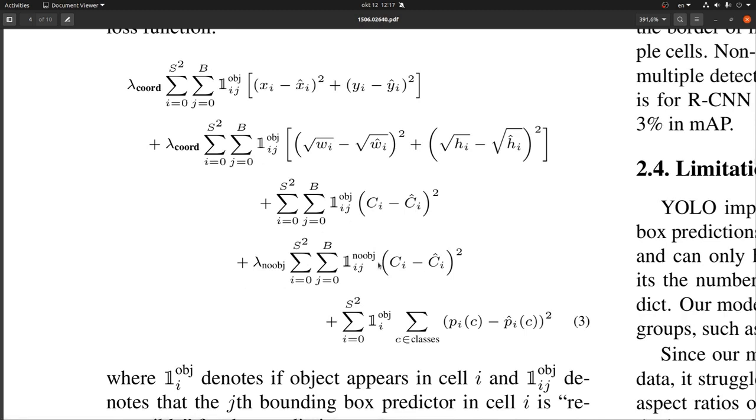All right. So then the last thing right here is for the classes, to make sure that we can actually say what object is in this box, or in this cell rather. What we do is that for each cell, we look, is there an object here? So an identity if there's an object in cell i. Then we go through each of the 20 different classes, and again we take the sum squared error.